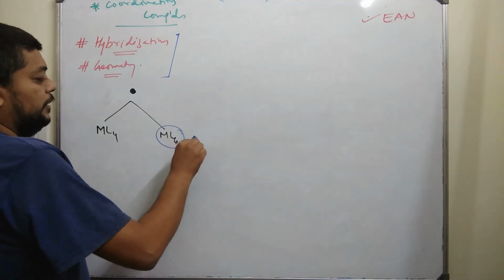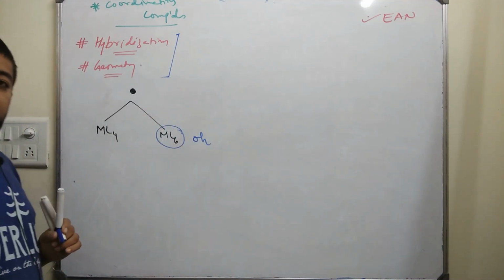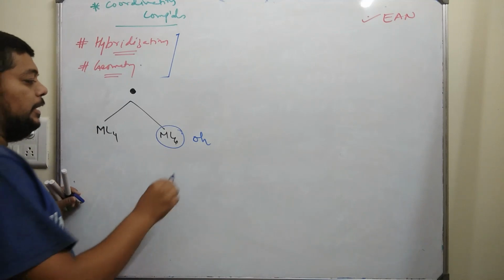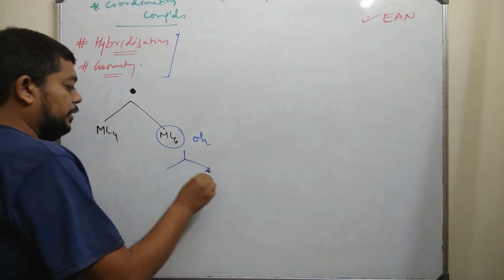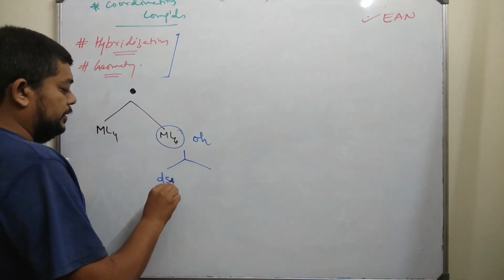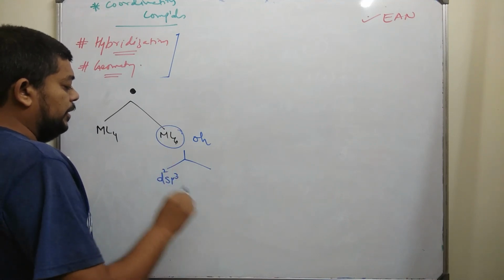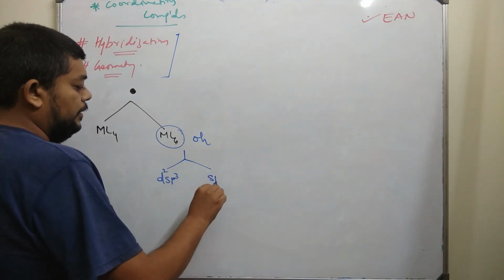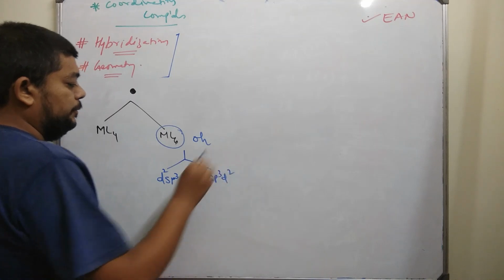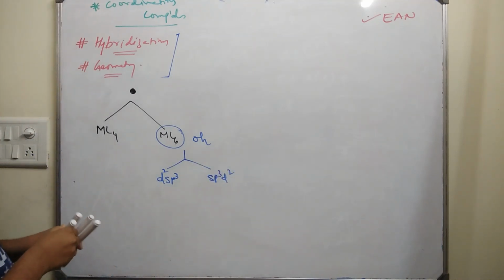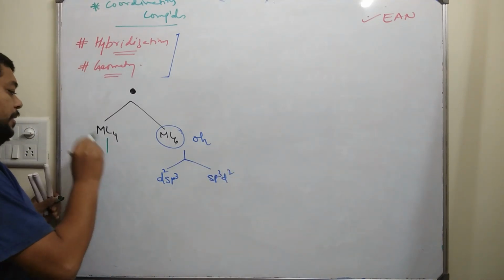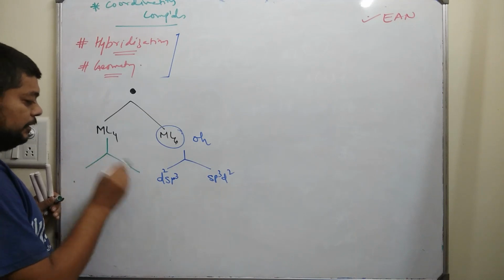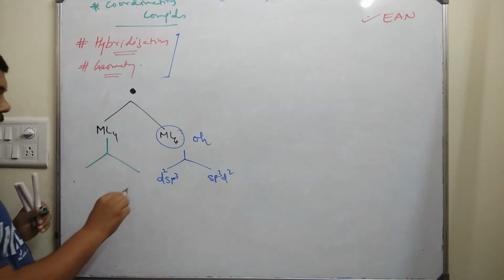ML6 will always refer to an octahedral geometry complex, and it will indicate two different types of hybridization, that is d2sp3 and sp3d2.